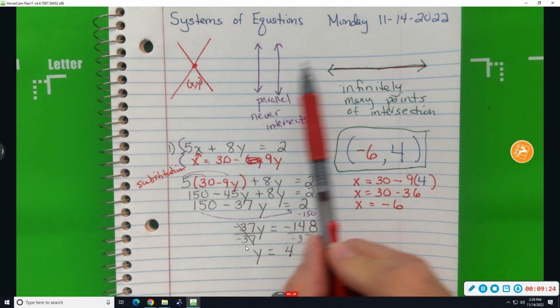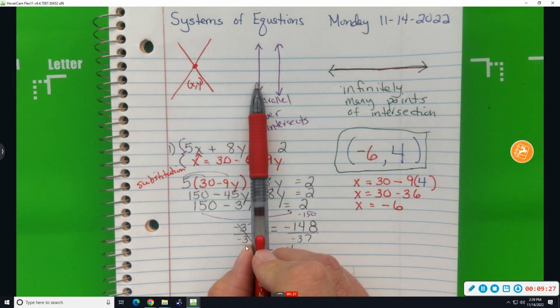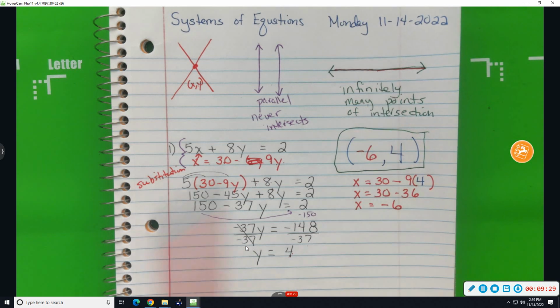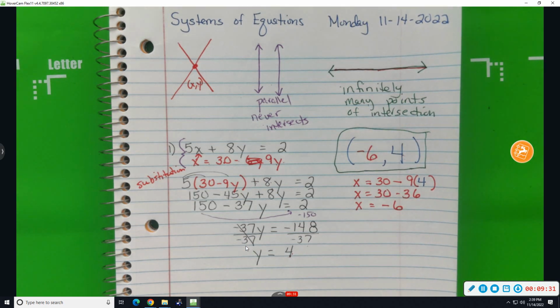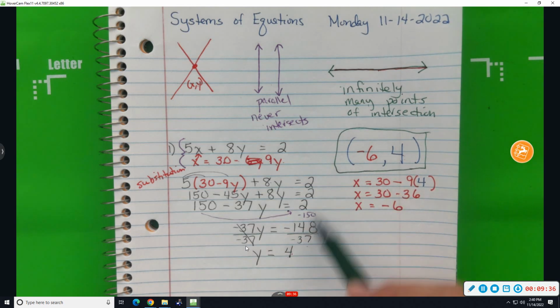The other two special cases, the parallel and the one line on top of the other, those occur if everything subtracts out.